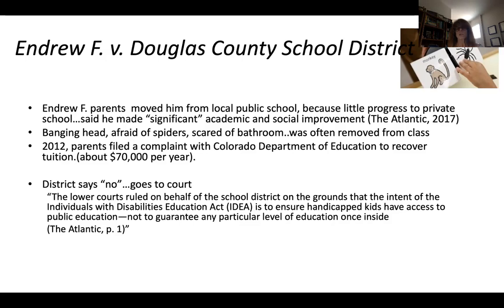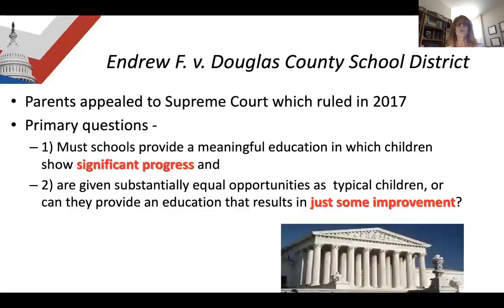That district court said no. And so as a result, the parents took this case up to the Supreme Court, which took the case upon themselves in 2017 to rule.